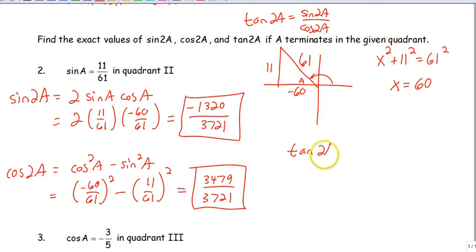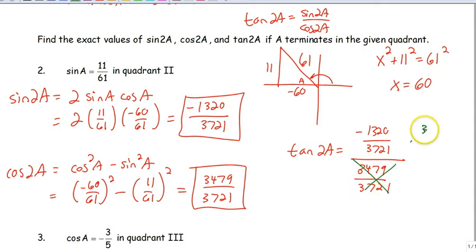Tangent of 2a equals negative 1320 over 3721 divided by 3479 over 3721. When you have a fraction divided by a fraction, you flip this and multiply. So this becomes 3721 over 3479. These cancel.